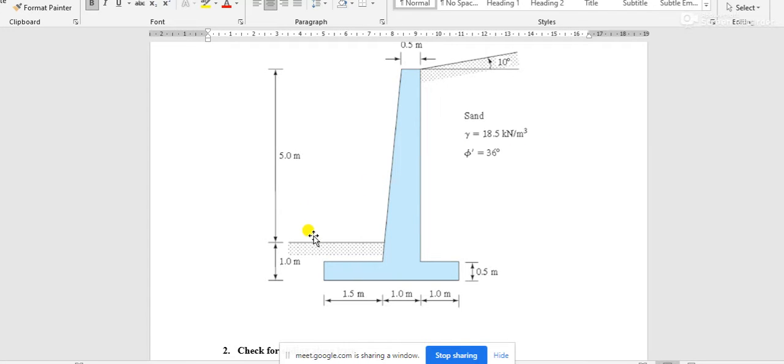Another thing you have to calculate is PP, that means passive thrust, coming from this way, for this embedded part of soil only.